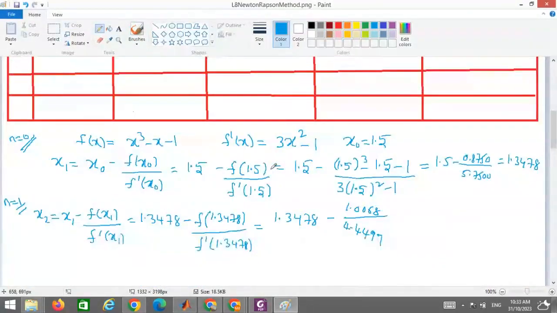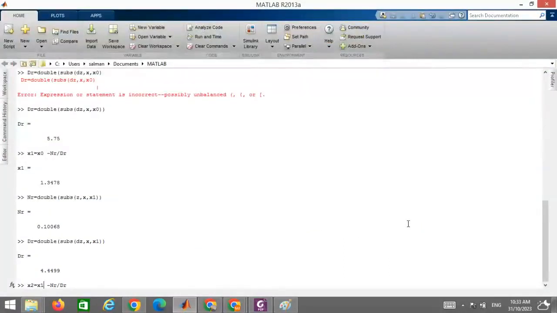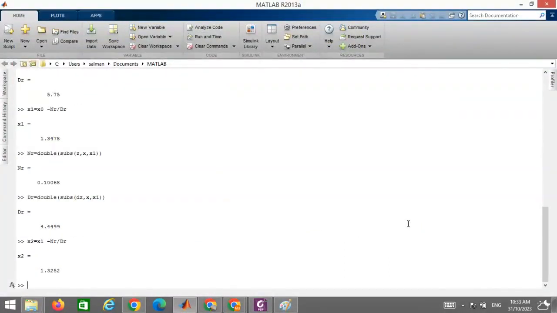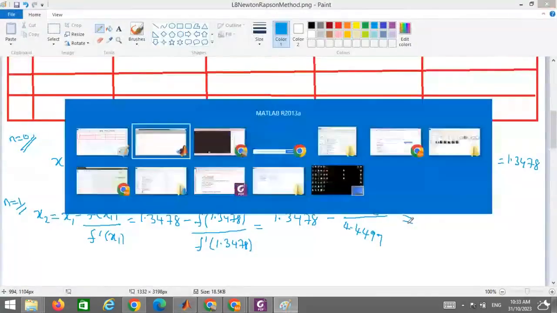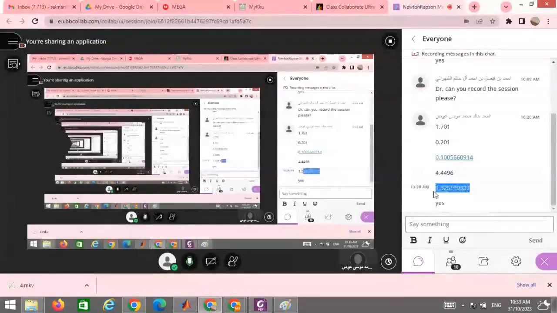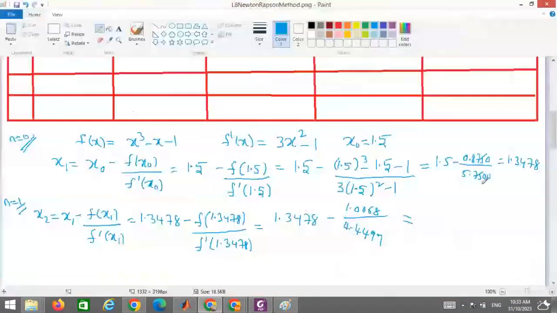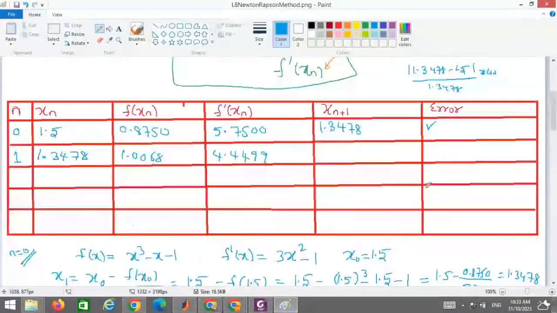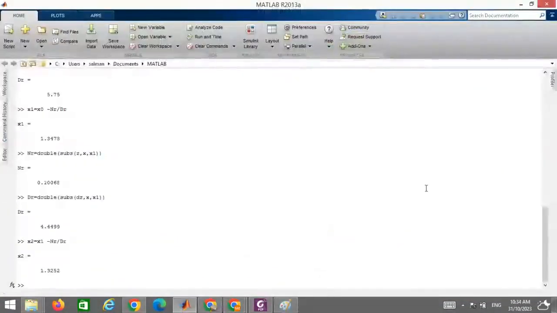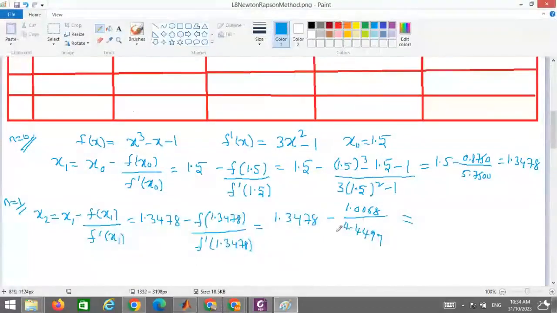This is the equation. x2 is equal to x1 minus f of x1 by f dash of x1, right? So this value will give me this value. Now when I write this, I got 1.3252, correct? That is what he has given. This is the right answer, no? So I write here 1.3252.